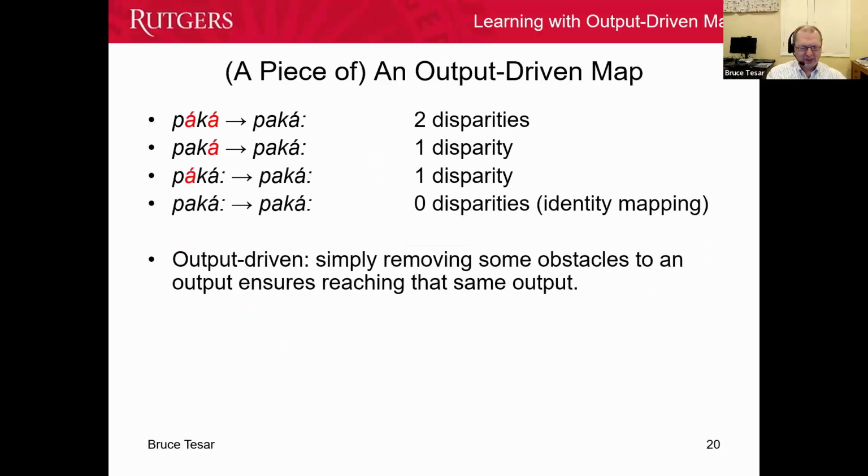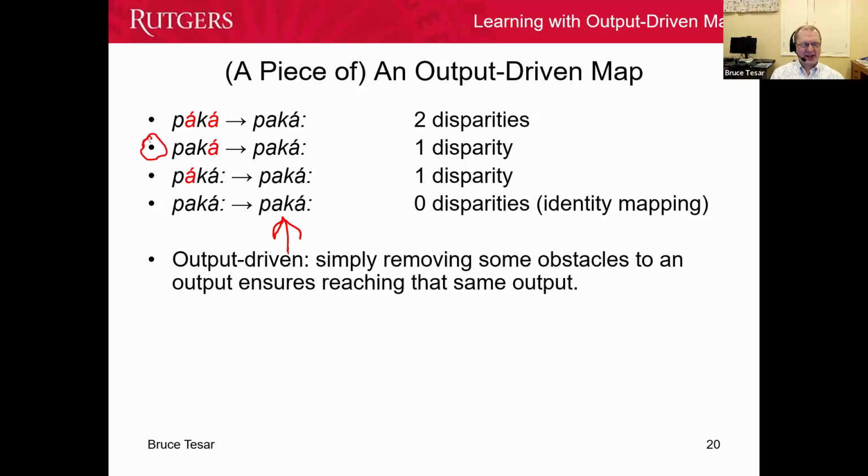So if we look at a piece of an output-driven map, all four of these forms here have the same output. We're going to evaluate different mappings, different input-output pairs that have different inputs, all to the same output. So in the first candidate at the top here, there are two disparities: the first vowel in stress, and the second vowel in length.